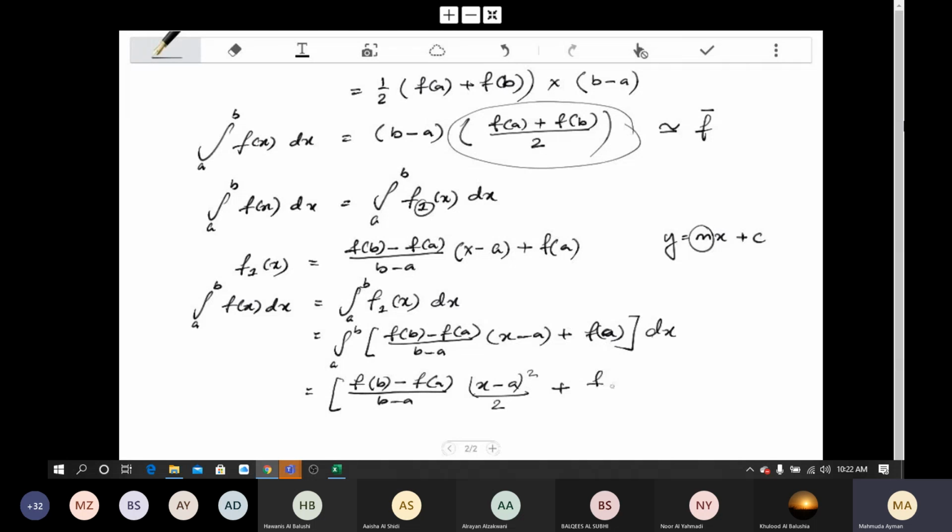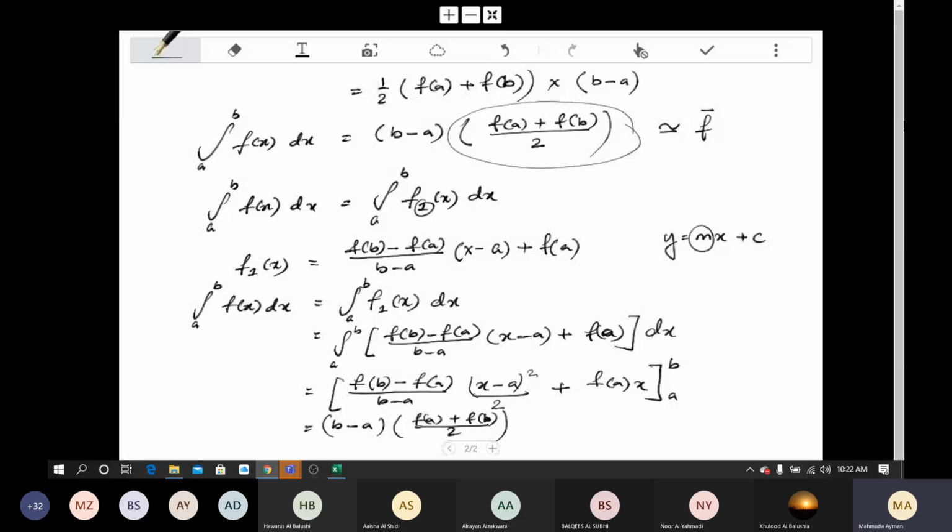Plus you have f of a times x here, with the limits a to b. We have to integrate it between a and b. And now if you substitute the values of a and b into the equation, you will get b minus a times f of a plus f of b divided by 2. So that's how we derive the formula for the trapezoidal rule.